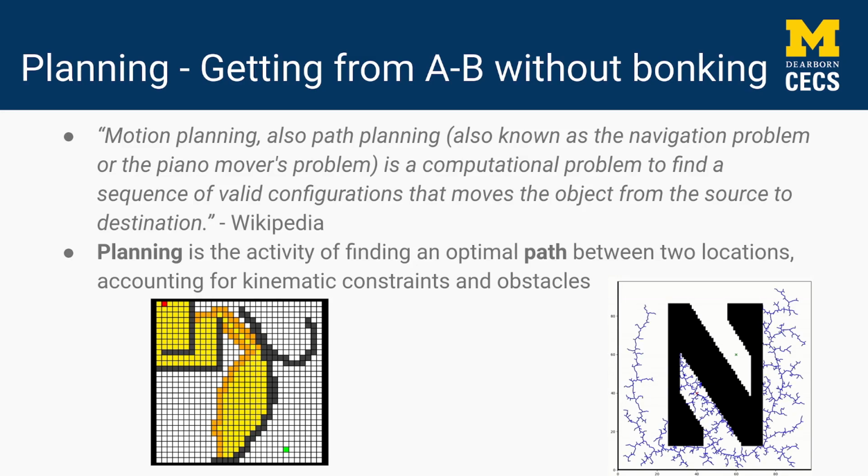And so the advantage of this is that once you have a path, that path is guaranteed to be actually physically traversable by your vehicle, which is obviously extremely advantageous.